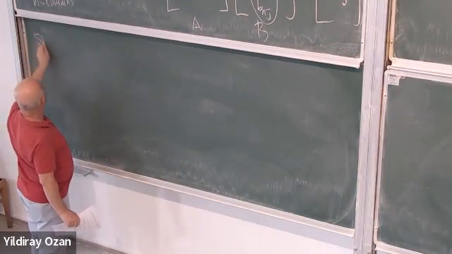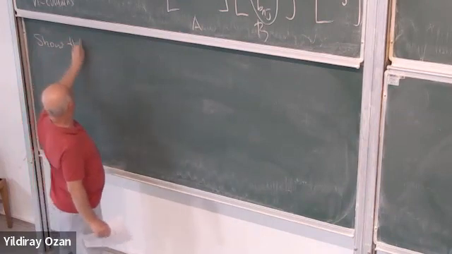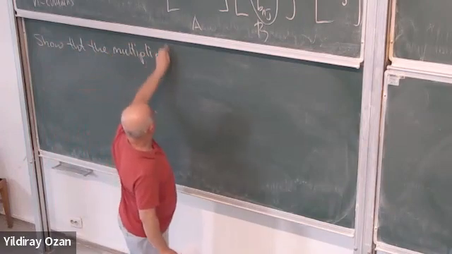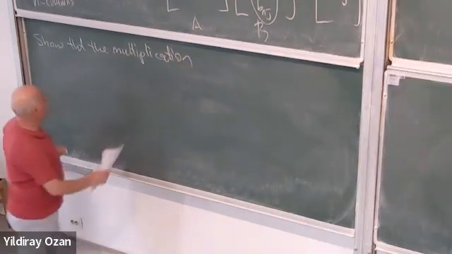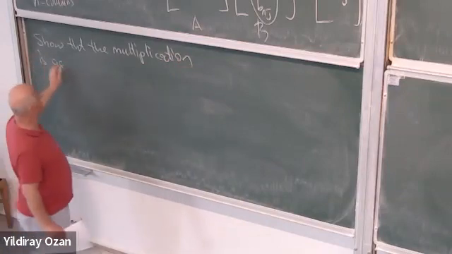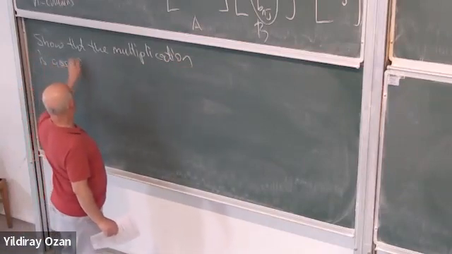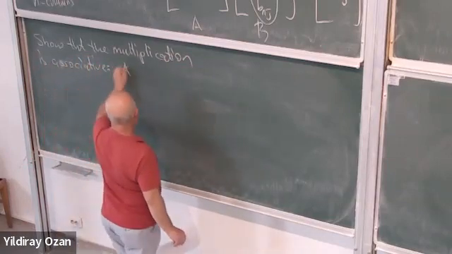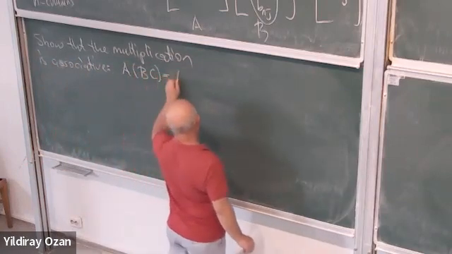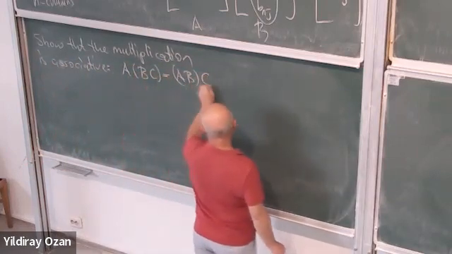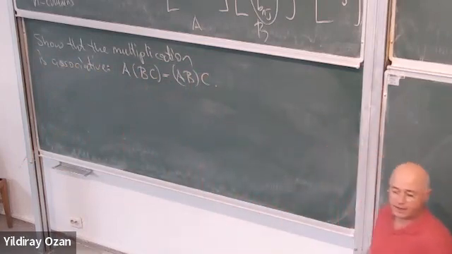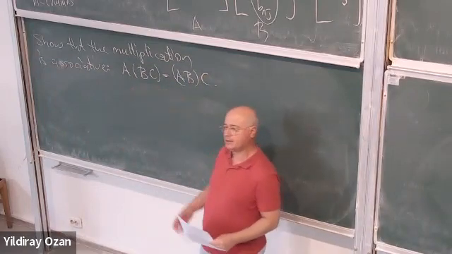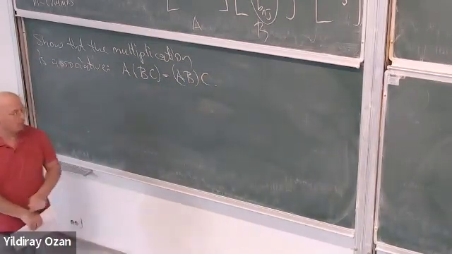We want to show that matrix multiplication is, of course, associative, meaning that A times B times C is the same as A times B times C, for any three matrices, if they have compatible sizes, of course, for the products to make sense.